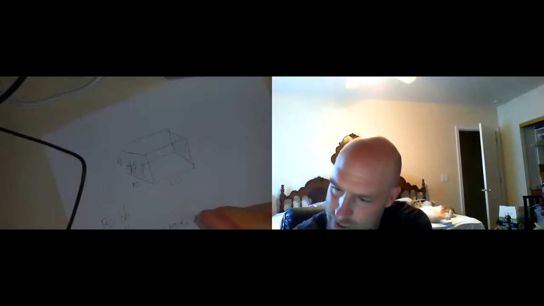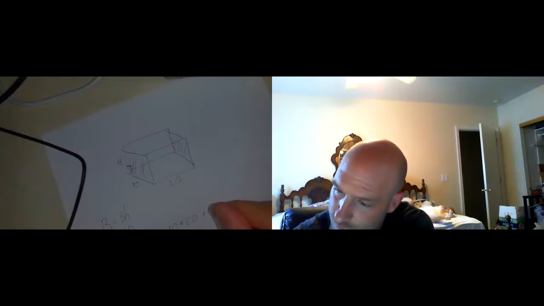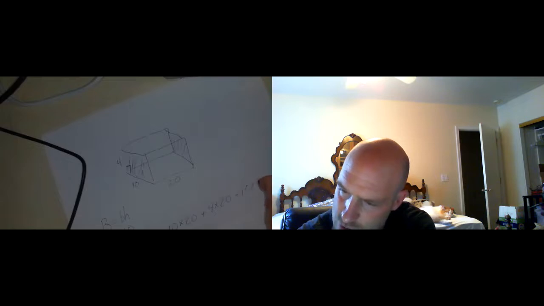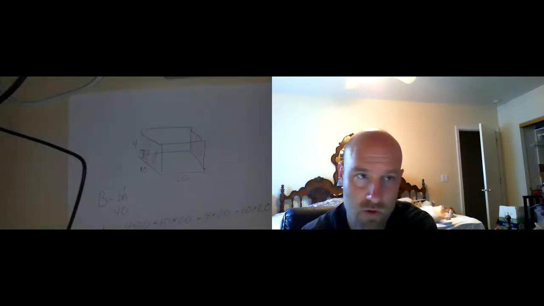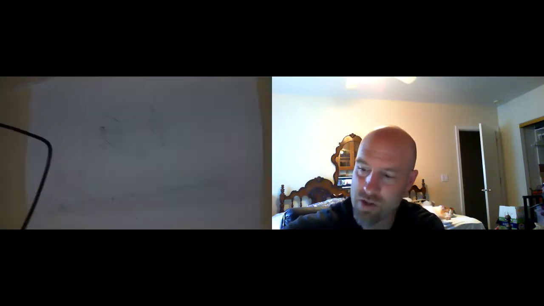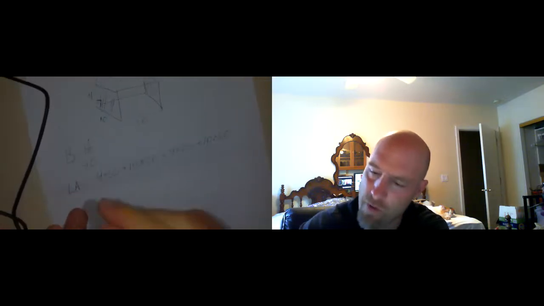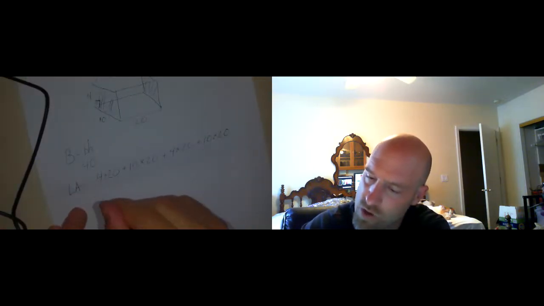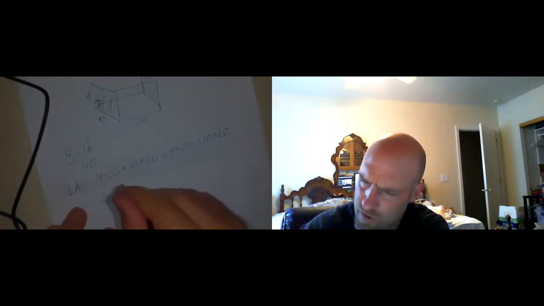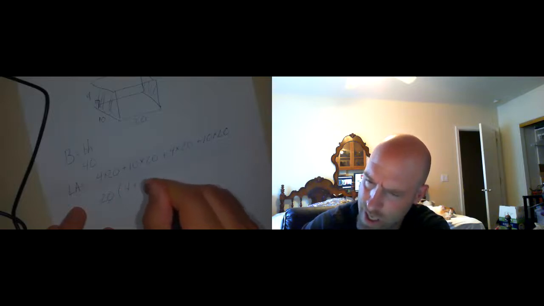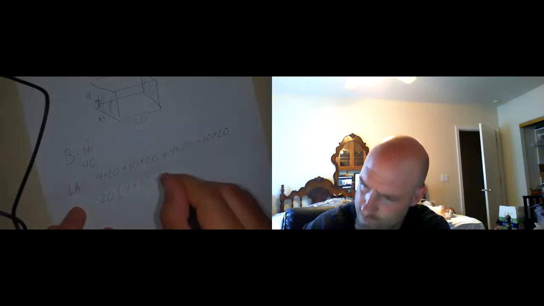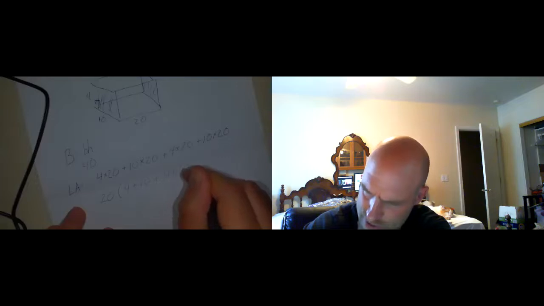The one in the back is another 4 by 20, and the one on the bottom is another 10 by 20. What you should notice is that all of these have a 20 in them. Well, let's factor it out. So 20 times 4 plus 10 plus 4 plus 10.